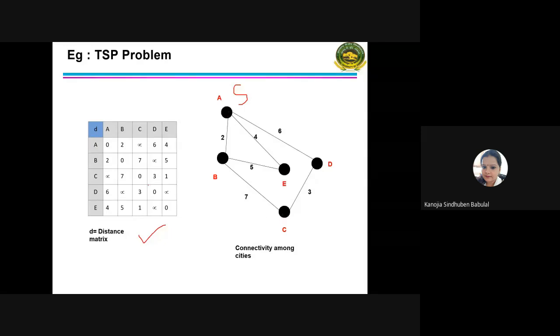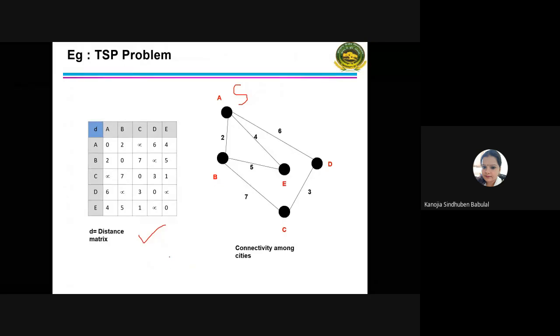So let us focus on the encoding part. The result that we will get for this problem would be a sequence. Let me write a random sequence, not the exact one.